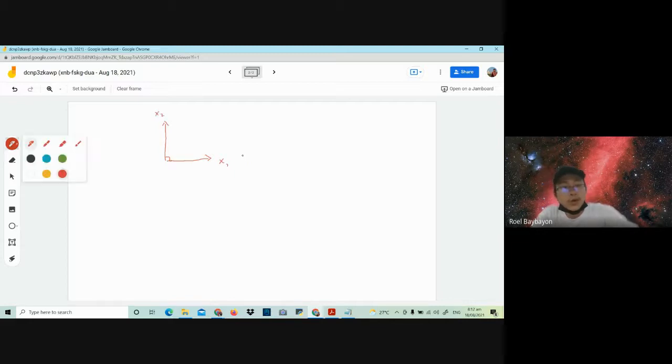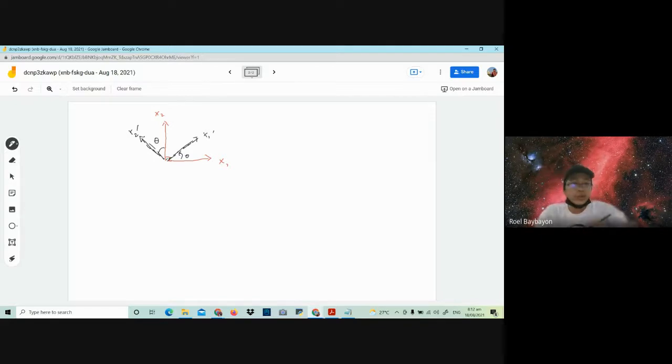What we did is rotate to get x1 prime. This is my x1 prime. You rotate it at some angle theta. When you rotate x1 prime, you rotate x2 here as well. So this is my x2 prime. If this is theta, this is also equal to theta.